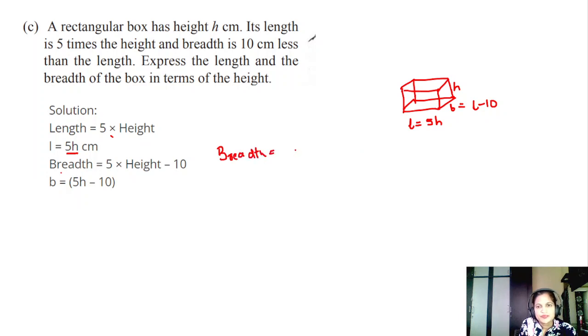We found that length in terms of height is 5h, so breadth is 5h minus 10, your variable expression. We don't know exactly what the length is, but we know it in terms of the height. They are asking us to express the length and the breadth of the box in terms of height. That's why this is the variable expression we want.